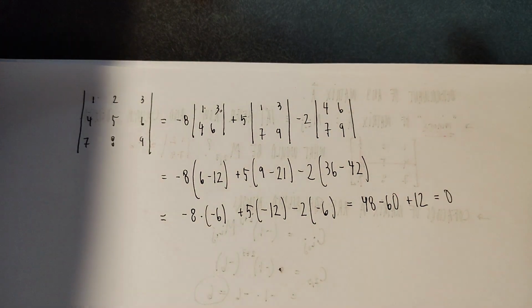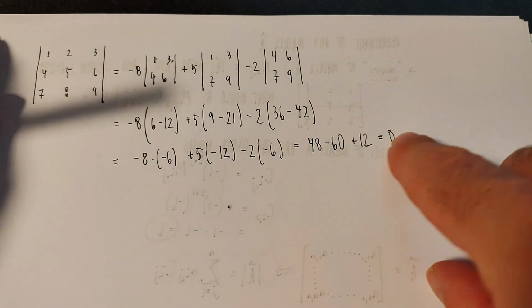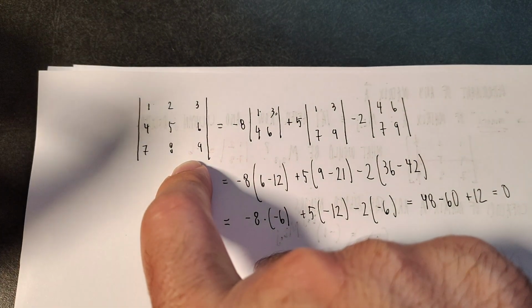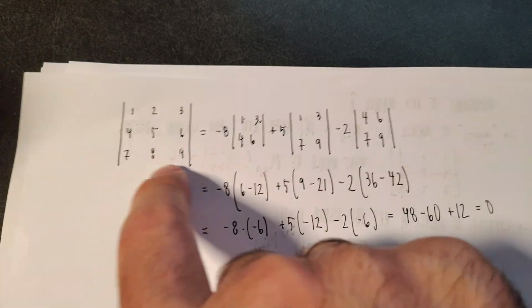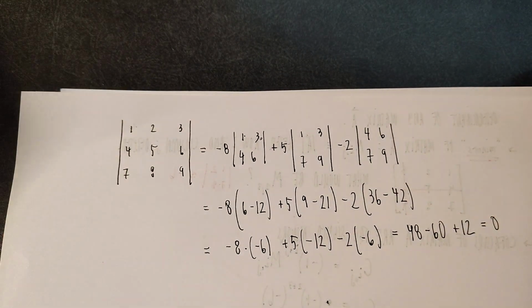Let me double check this. I'll double check it later, but if I did everything correctly, it looks like the determinant is 0, which tells us that this is non-invertible. Nothing glares at me right off the bat, but there's got to be a reason anyways. So, interesting case there.